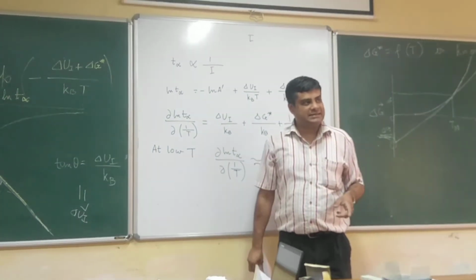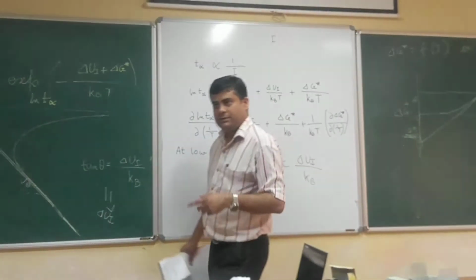How to find delta G star at a particular temperature from this curve?